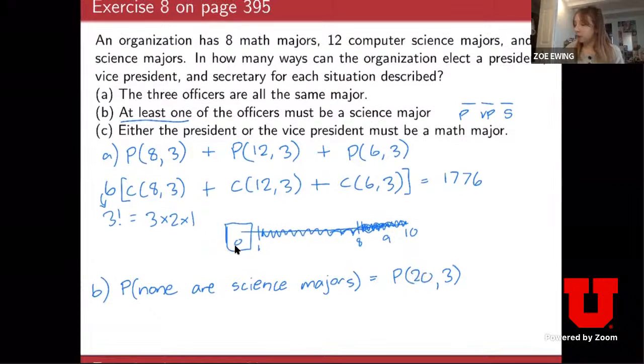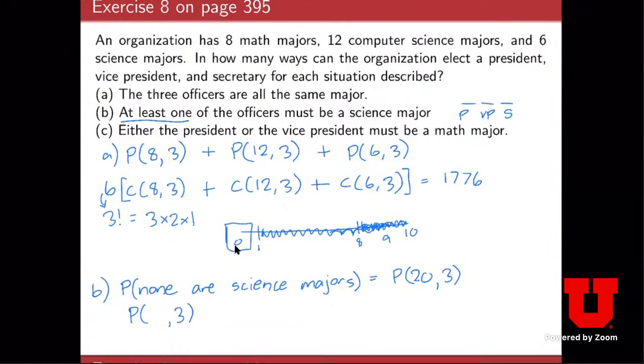Okay, and now we have to subtract it from the total number because of the rule of complement. So how many ways are there to just pick any of these positions? So no requirements. How would we pick 3 officers? 26? Is it 26? Yeah.